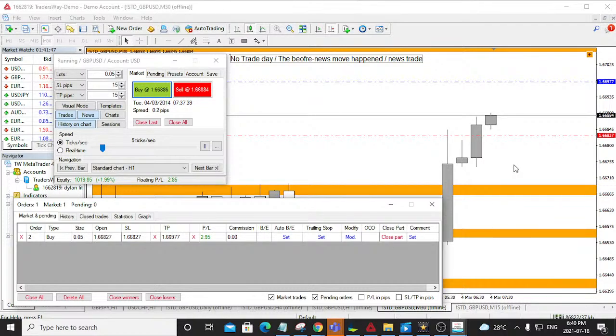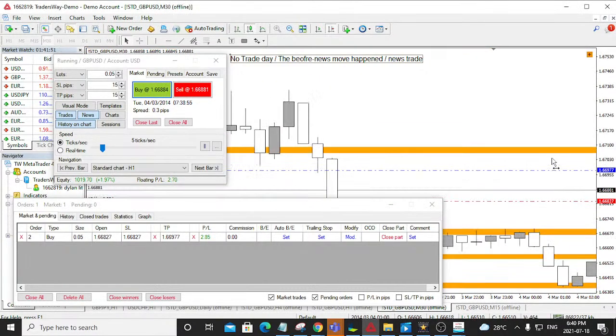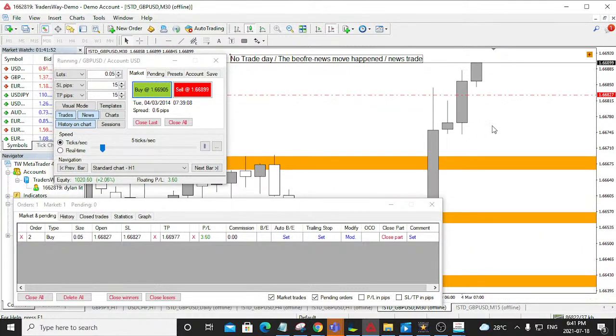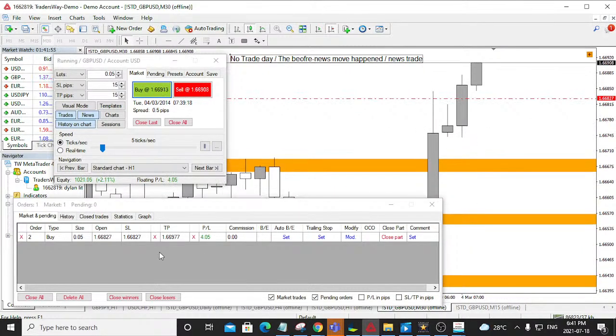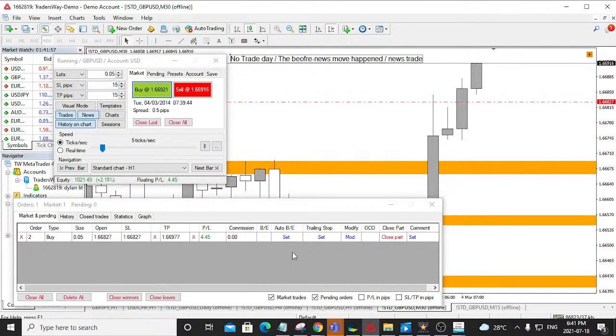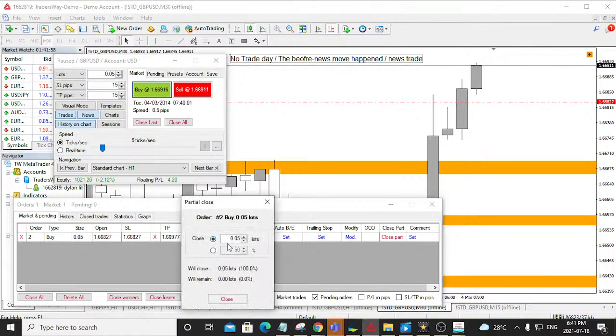I don't really like this setup, to be honest. One, I don't usually trade bearish much, but right here we got 9 pips, so we're going to close partial, about 80%. That is not 80%. Neither is that. What? New lock.